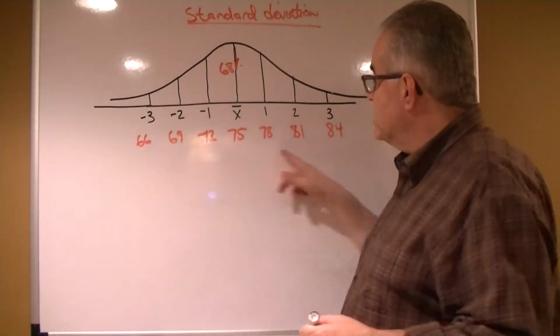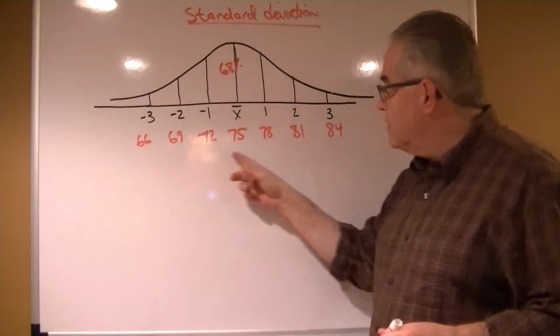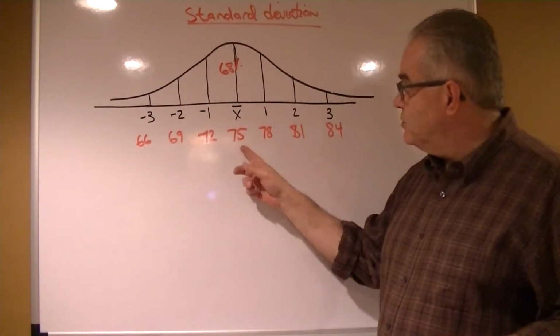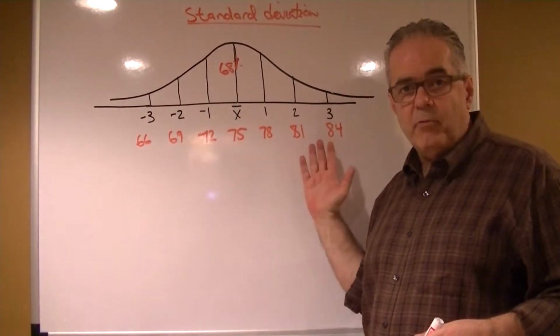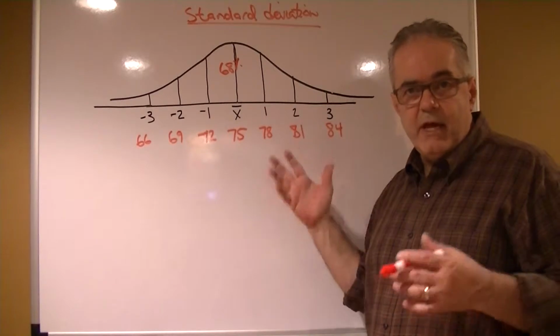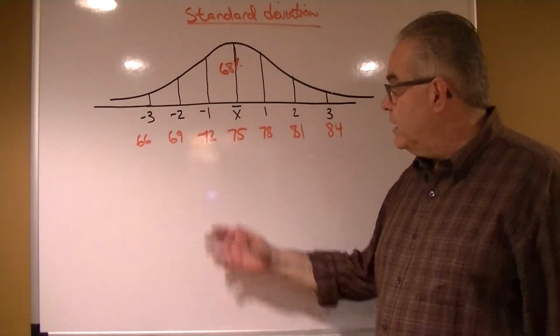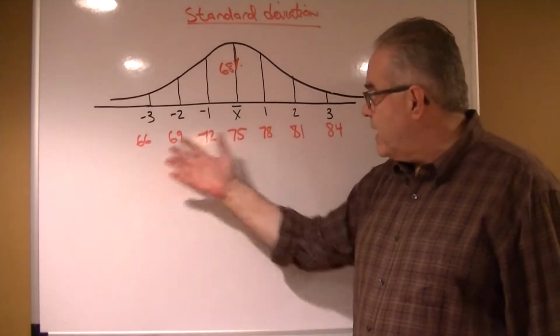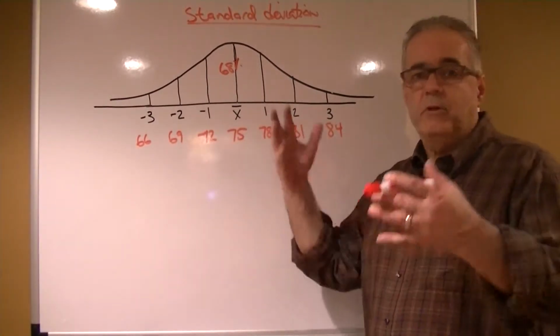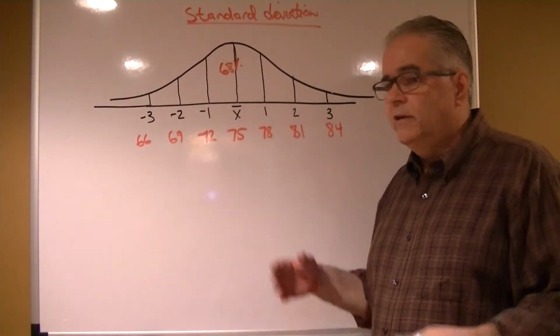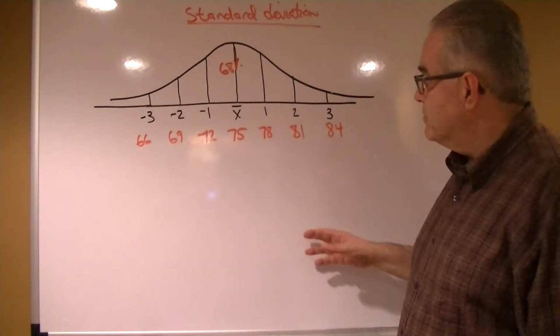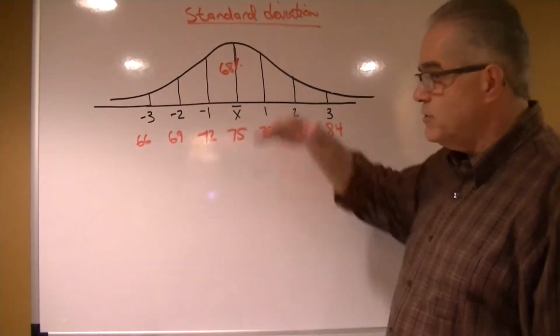So these numbers here, for example, refer to the height of basketball players in the NBA or college or wherever you want to say. And what do you know about basketball players? They're tall, and on the thinner side from all that running. But we're just interested in their heights.